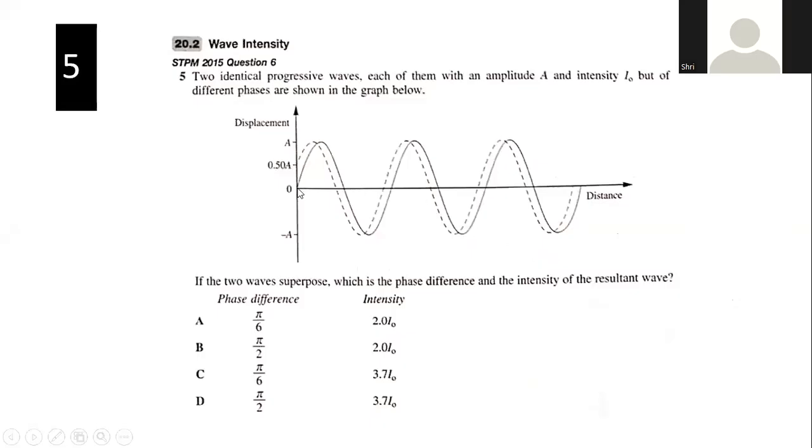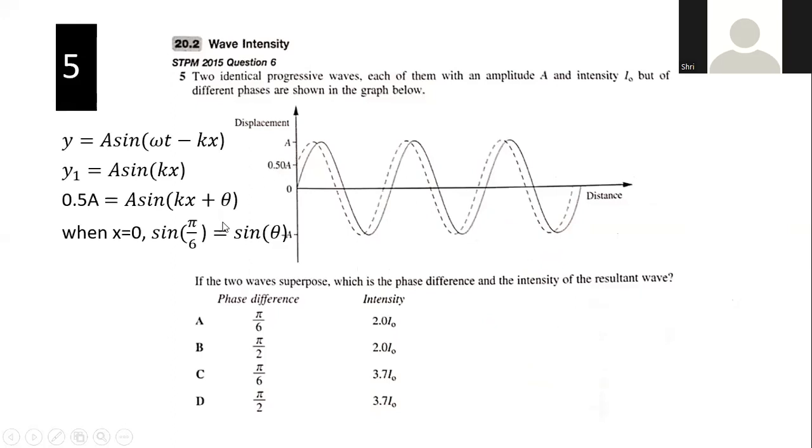When x equals 0, that is where it starts, your y value. So let x equal 0, then 0.5, or half, equals sine of theta, so theta is pi over 6.